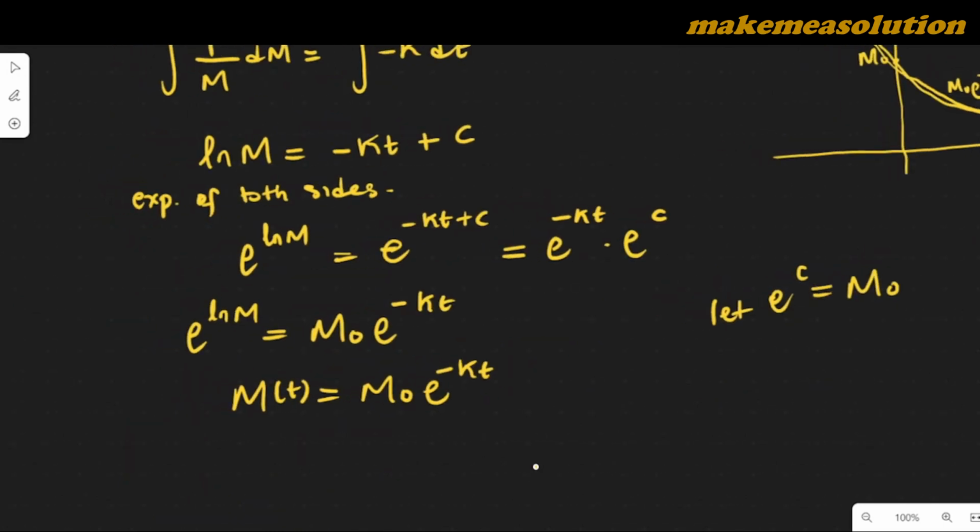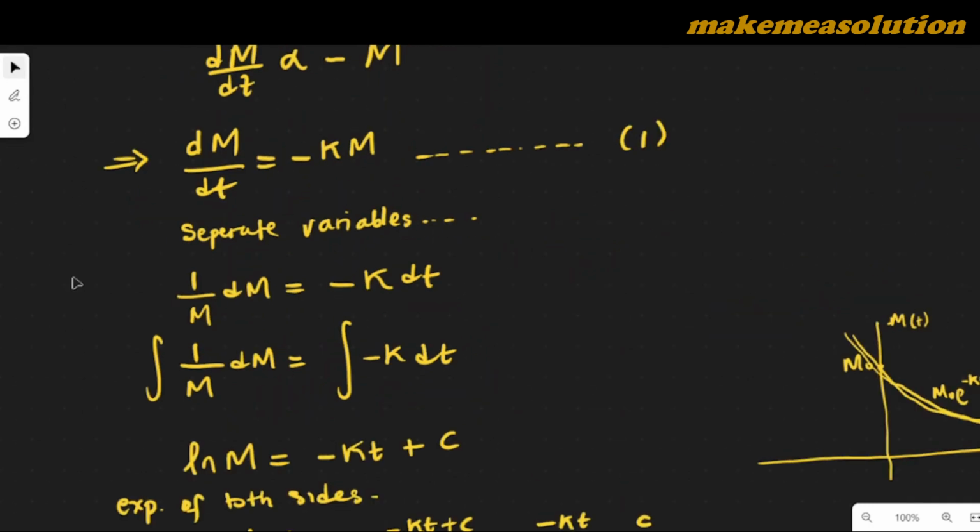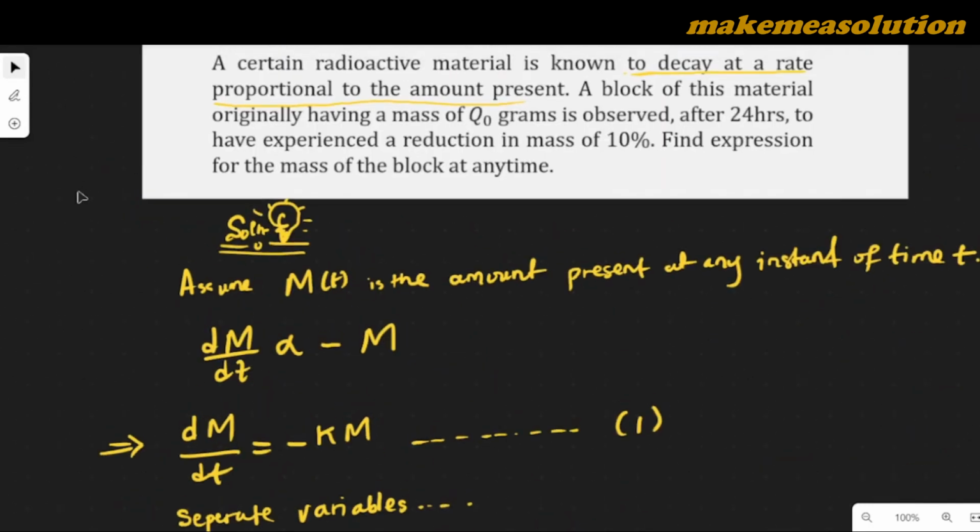So how do we use initial conditions to determine the value of k? Now, back to the question. You can pause the video and go back to the question, but I'm just going to scroll back like this. It said a block originally having a mass of q naught grams.